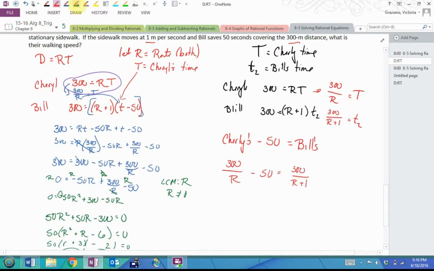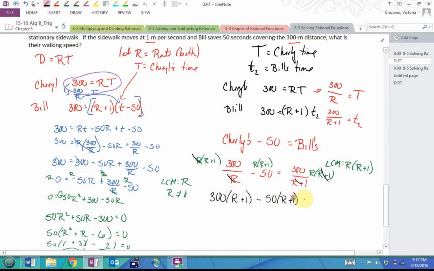And then I could say, okay, our LCM is r times r plus 1. So multiply everything times r plus 1. And lose this here and this here, so we're left with 300 times r plus 1 minus 50r times r plus 1 equals 300r.